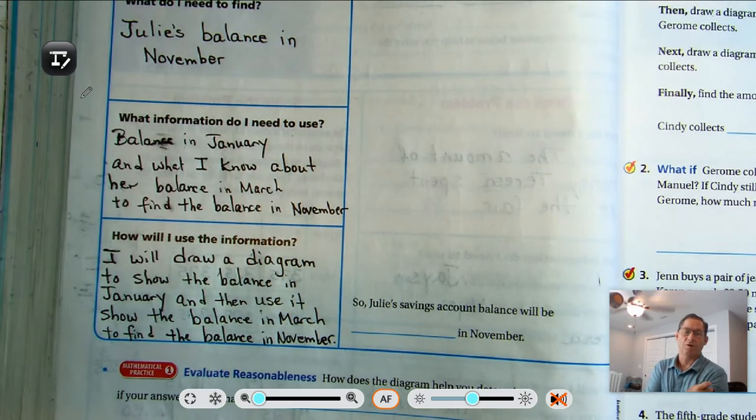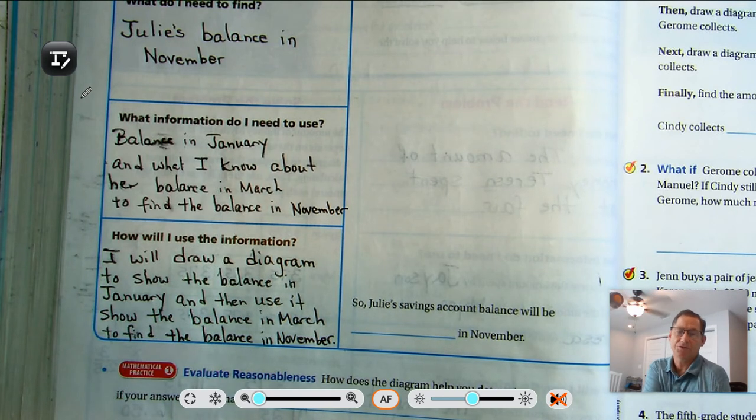So I can draw a diagram to show the balance in January and then use it to show the balance in March to then find the balance in November.